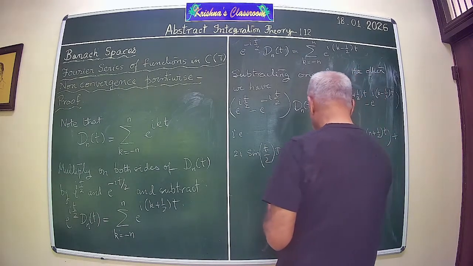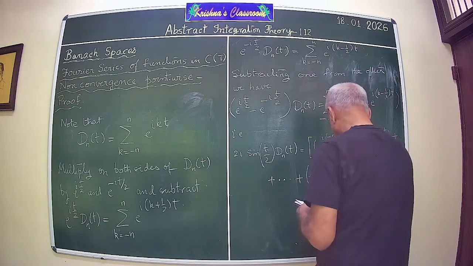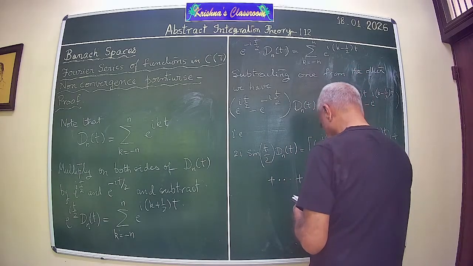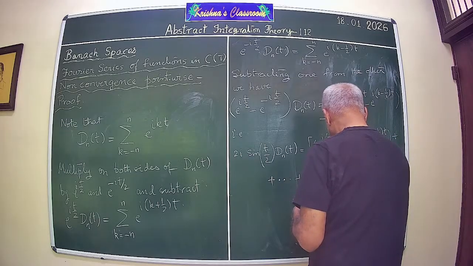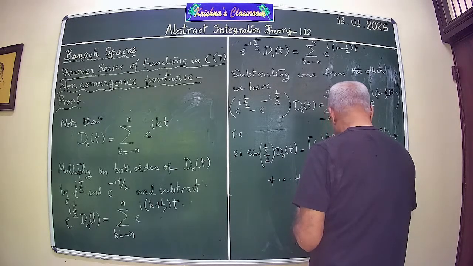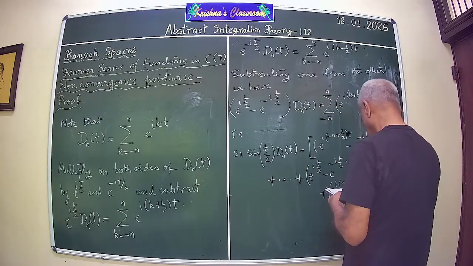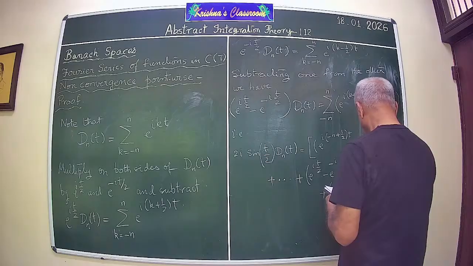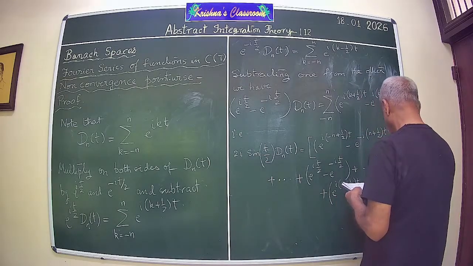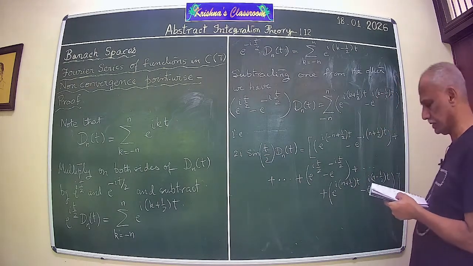The n term is the following. These are finite sums. Therefore, all these operations do make sense.